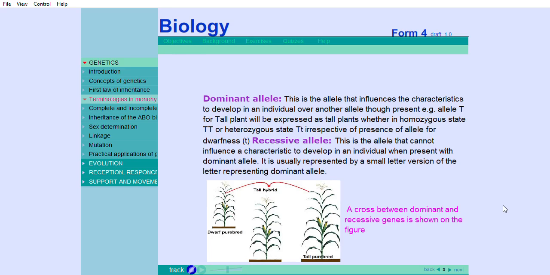Recessive allele. This is the allele that cannot influence a characteristic to develop in an individual when present with a dominant allele. It is usually represented by a small letter version of the letter representing the dominant allele. A cross between dominant and recessive genes is shown on the figure.